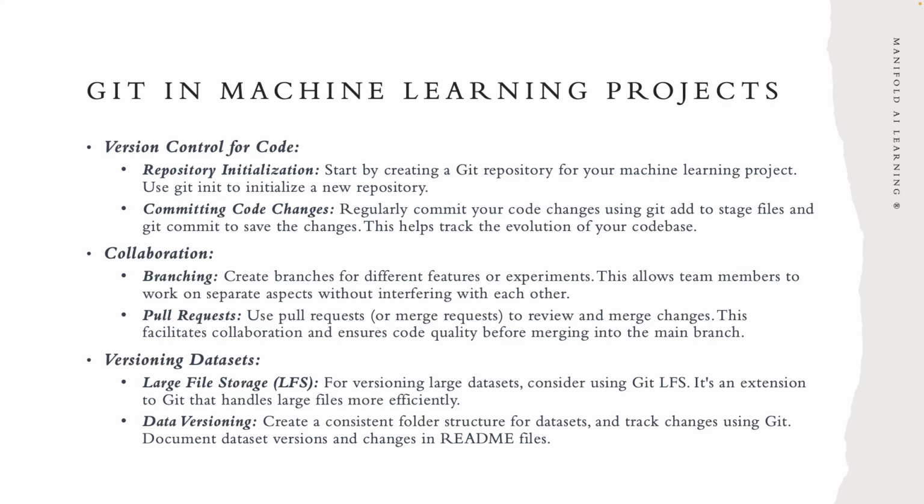When we talk about Git in machine learning projects, first and foremost we'll be using it for version control of the code. When we start writing any machine learning application, we'll be creating code in the form of Python scripts, or we might have some configuration files, and we want to track the changes to those files.